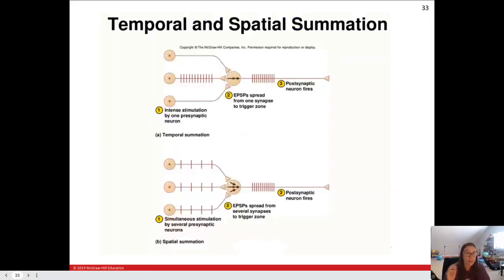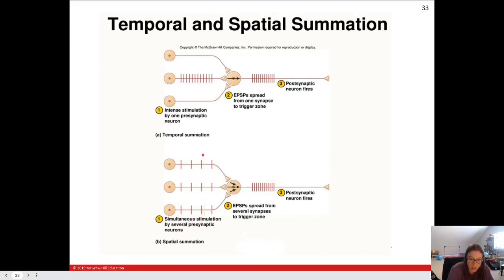And this is another, this is not from your book, but I thought this is maybe a little bit easier to understand. So temporal summation, we have one neuron firing a bunch of times in a short period of time. Whereas in spatial summation, we have each of these, let's say in this case 3 neurons, and they're each sending a pulse, and these 3 are occurring simultaneously at the same time.